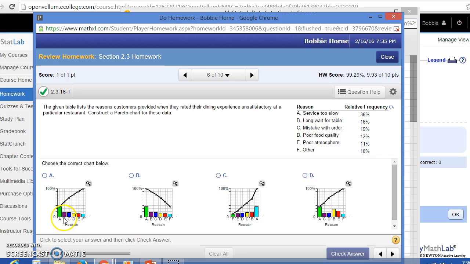Let's look at the B, 16%. Get your information, and it looks like, let's go on to C. C should be a little bit smaller. Notice that this one skipped and put B back here.